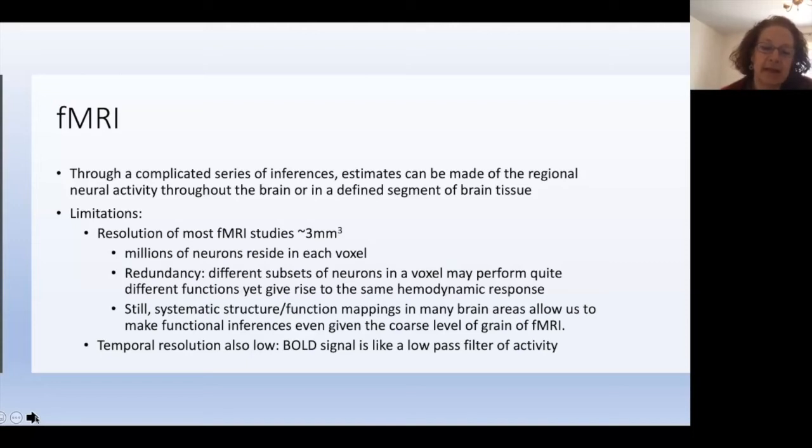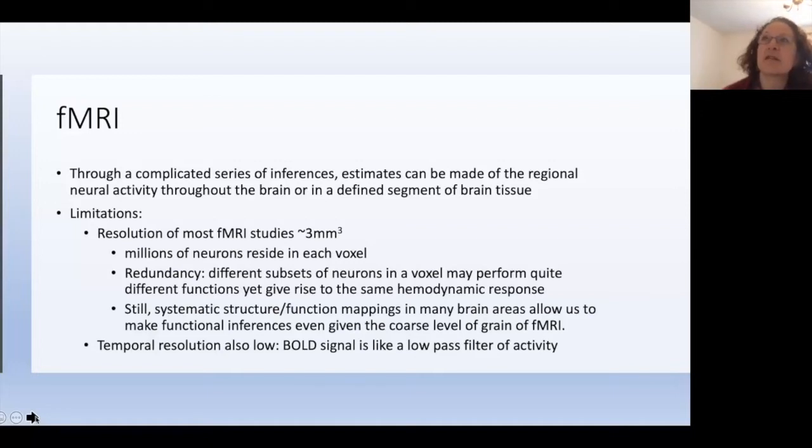And that size voxel encompasses, as I said, millions of neurons, and those neurons don't necessarily all do the same thing in different tasks. And so you might have redundancy in which the very same signal in a voxel could result from very different kinds of activations, very different low-level computations going on in that very same region of tissue. But the fact is, and we have lots of evidence for this, that there are systematic structure function mappings in the brain.